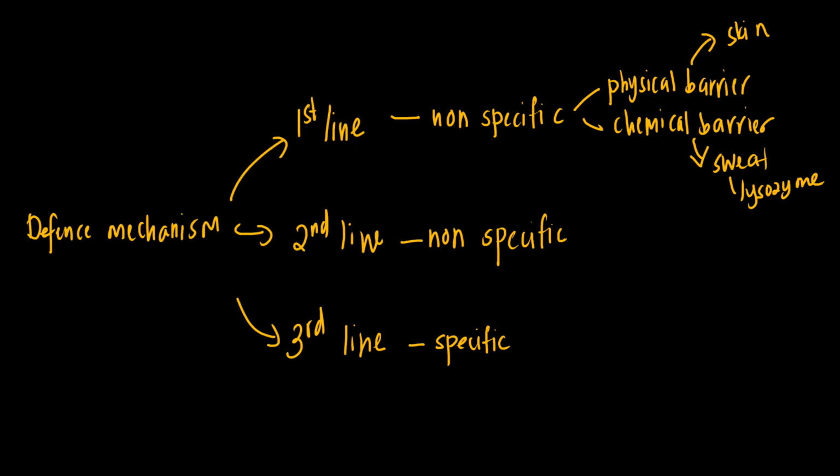And we look at the second line, which is also non-specific. The example is phagocytosis. Basically, the phagocyte will carry out phagocytosis to defend the body. Normally this is when the first line fails. Let's say the first line fails, then we come to the second line, and we will trigger the second line defense mechanism.